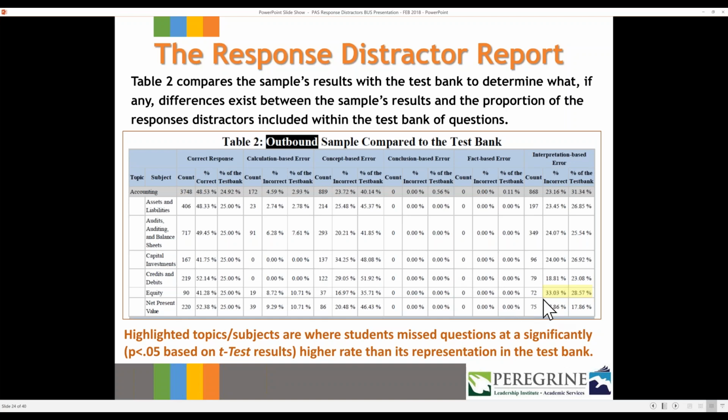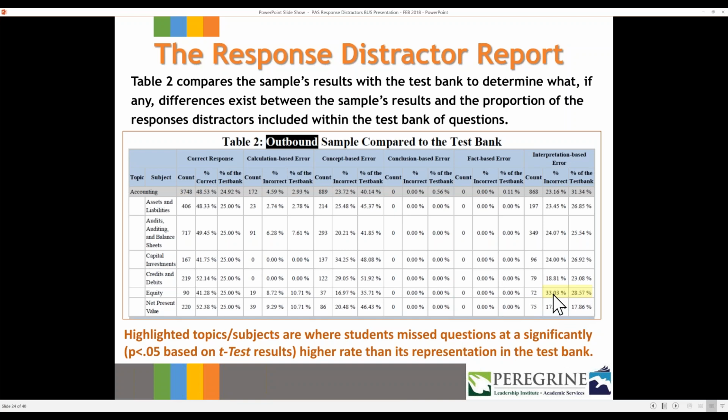When we see a statistically significant difference, we highlight it for you, so you don't have to go through the entire table, each row and cell. For accounting, for example, on the credits and debits equity, your students have answered questions at a higher percentage rate due to interpretation-based error than the occurrence in the test bank, and that's a statistically significant difference.